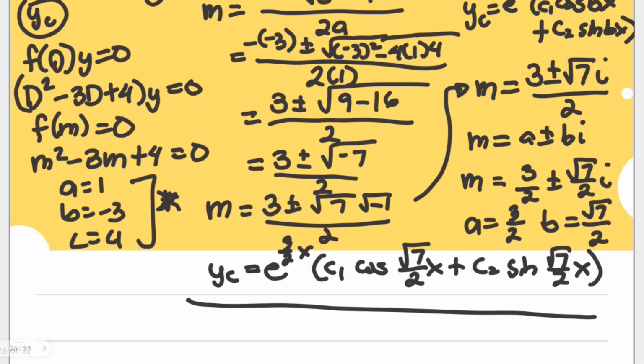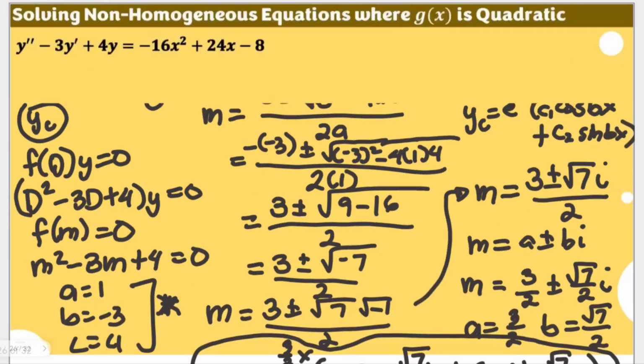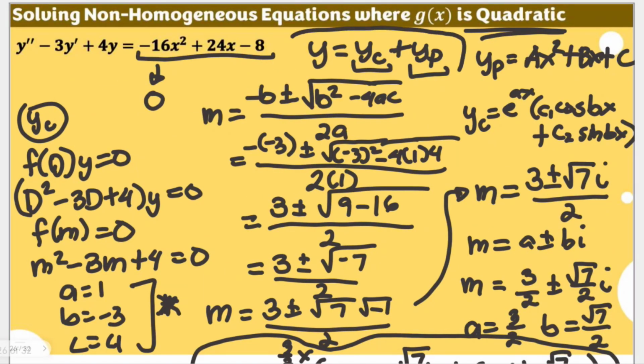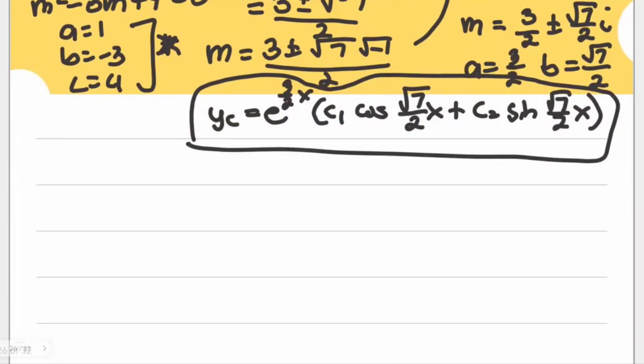This is just our y sub c, because we need to come up with our y sub p for the general solution of this non-homogeneous equation. So with that, let's proceed to our y sub p. Our y sub p, as indicated by our table earlier, is in this form: y sub p is ax squared plus bx plus c.